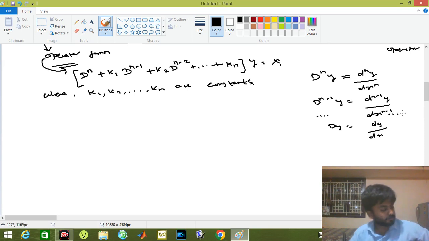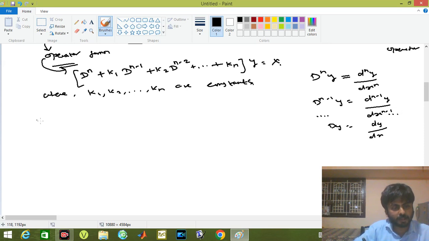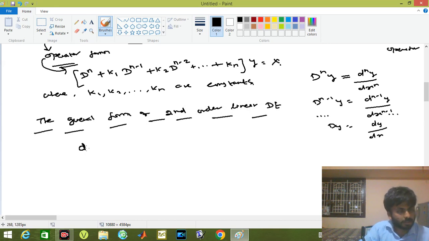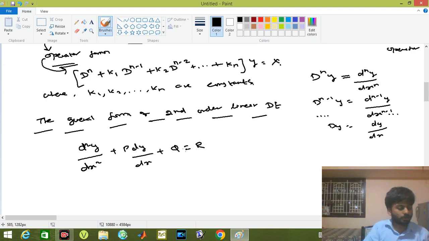Okay, now you may come across, in your higher secondary, maybe in your plus 2 days, the general form of a second order linear differential equation, that is d square y by dx square plus p into dy by dx plus q y equal to r, where p and q are constants.